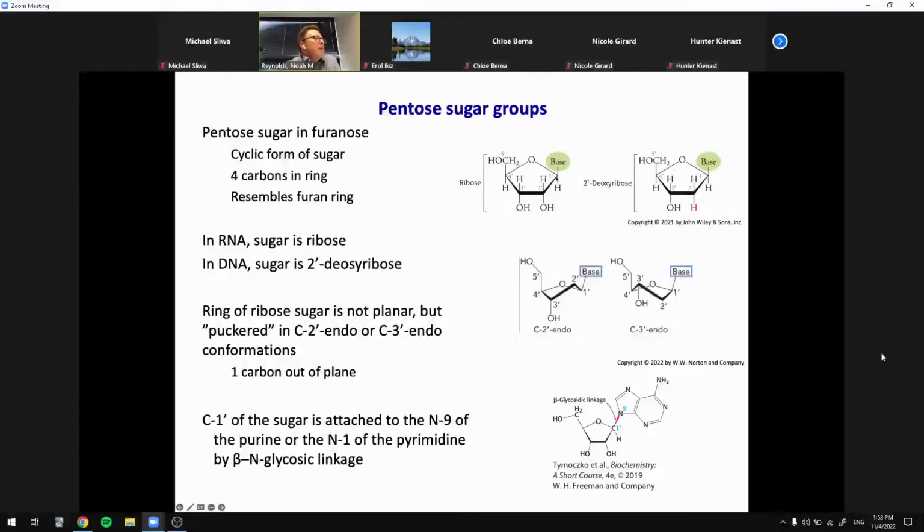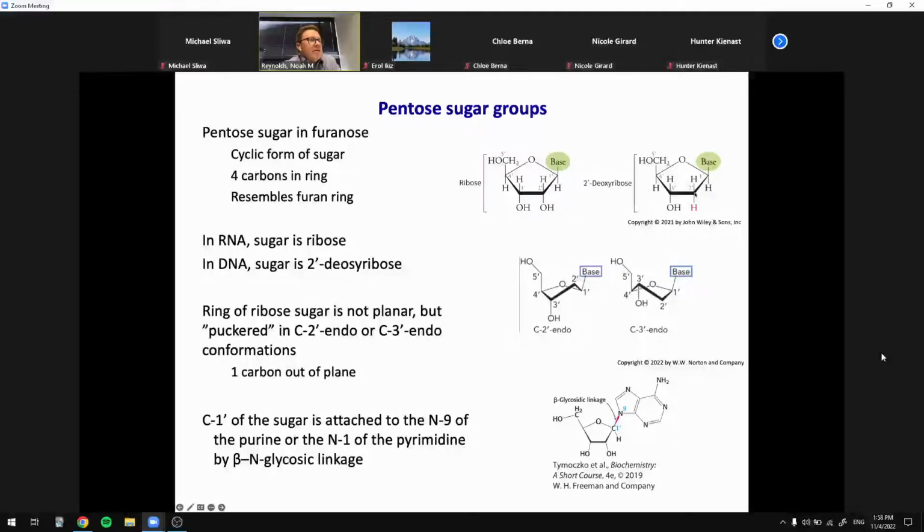In addition to the base, we have a pentose sugar, right? The difference between the sugar in DNA and in RNA is that one hydroxyl group. In RNA, which is ribonucleic acid, we have OH at both 2' and 3'.